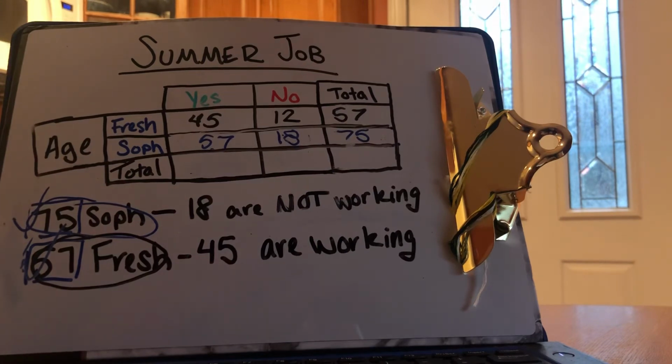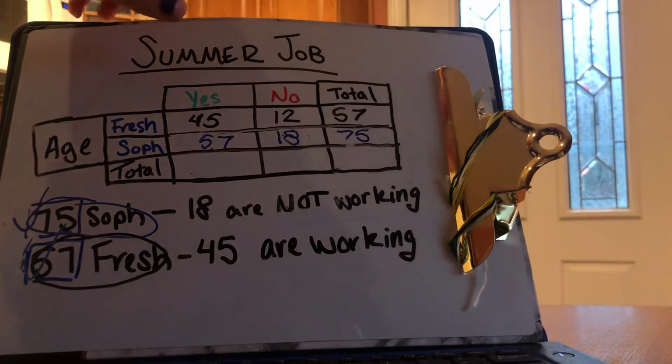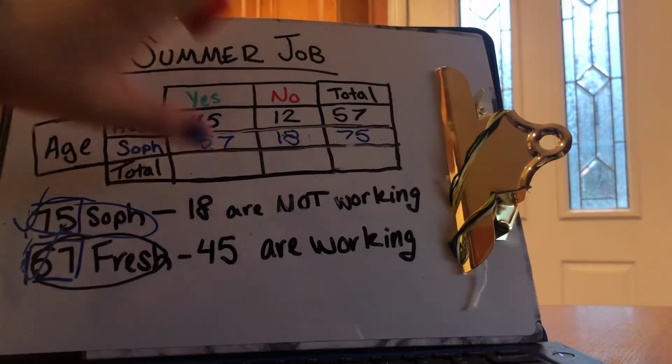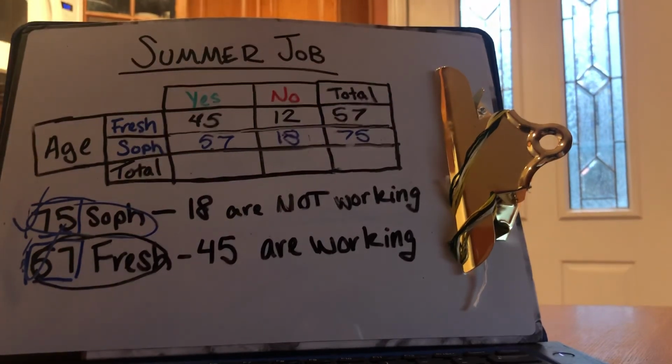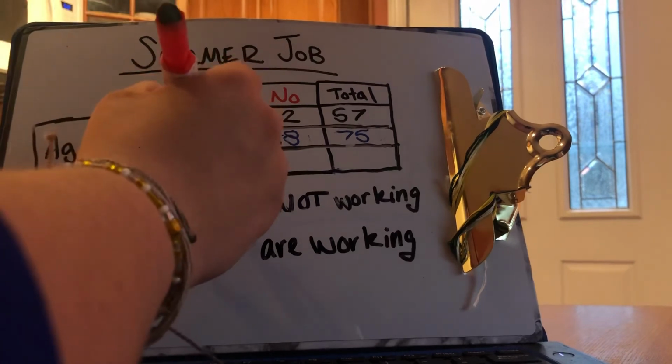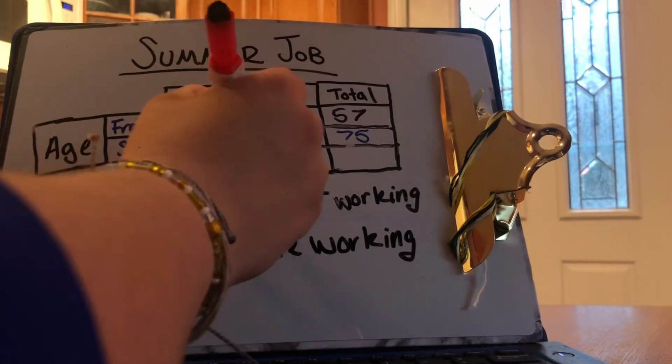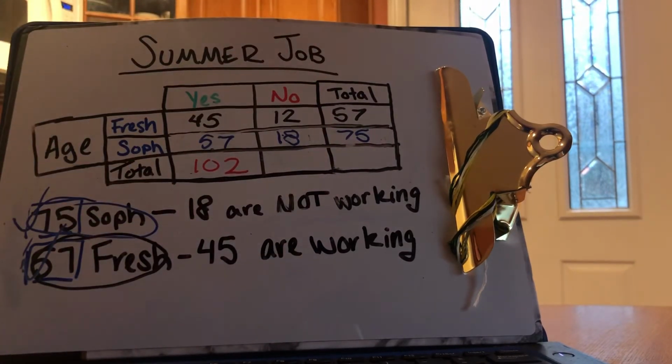Now, there's a couple more missing pieces. So totals, we're just adding stuff together now. So all the yes students is going to go down here. So 45 plus 57 would give me 102. And you could plug that in a calculator. You could add it on paper, whatever's easier for you. But that is going to give us 102 down here. Okay, now for the no's.